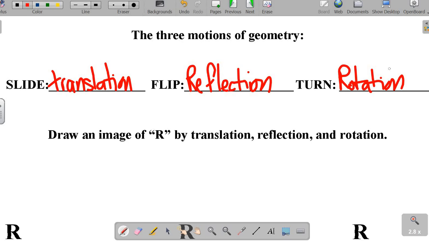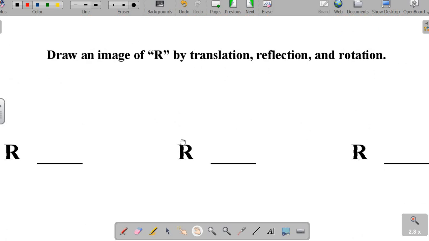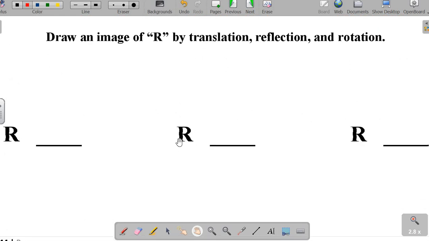So a slide is a translation, a flip is a reflection, and a turn is a rotation. So you're going to take the image of R and translate it, reflect it, and rotate it. Translation is a slide, so it's going to be pretty much exactly the same shape.